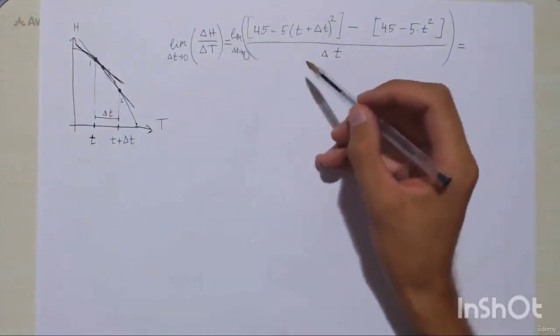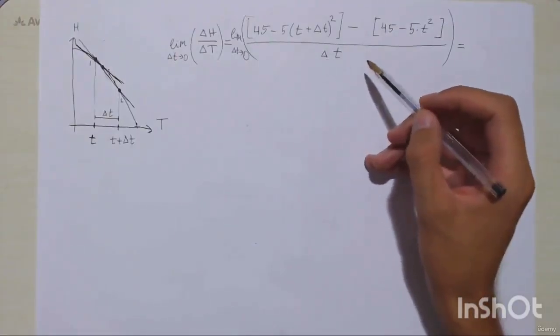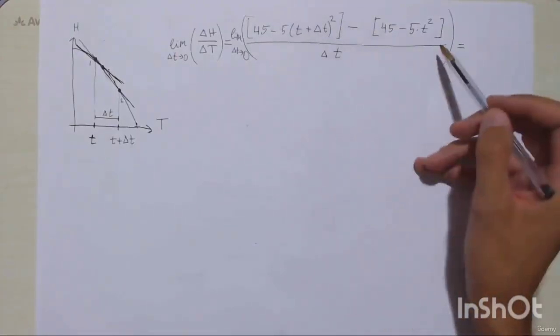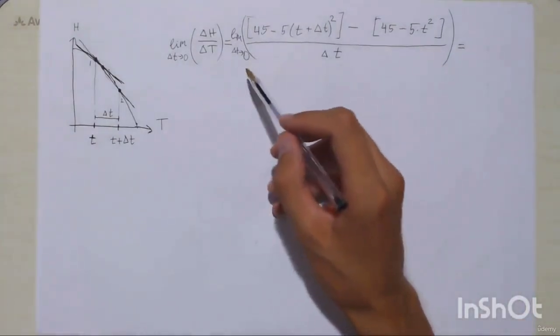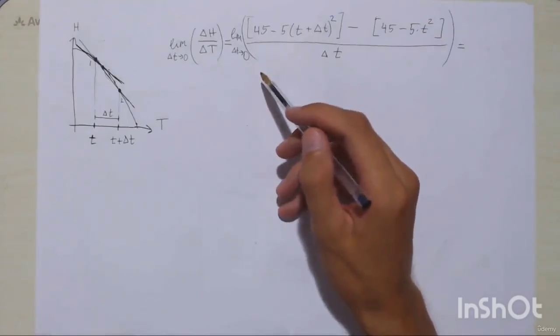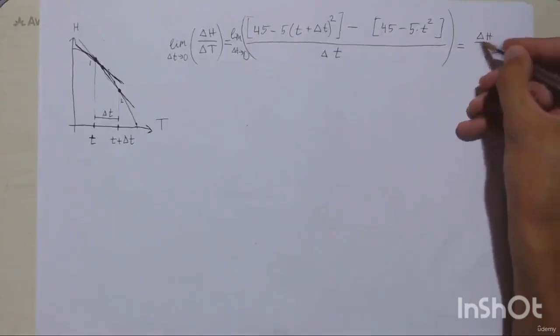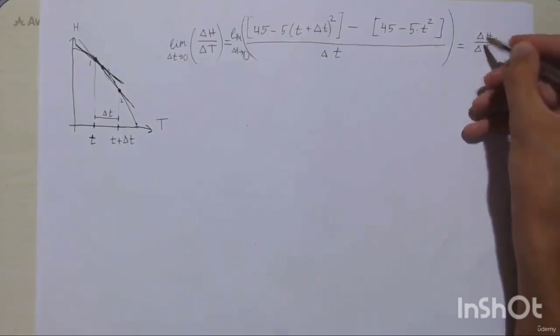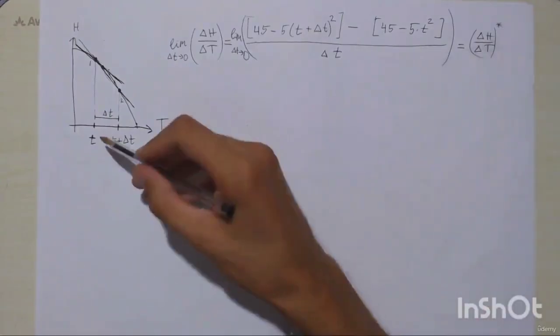So instead of finding the instantaneous change through a direct calculation, we just find out what this equation here approaches when delta t approaches 0. And it's another clever way to find your answer. And then we would get delta h over delta t, which is instantaneous, at time equals t.